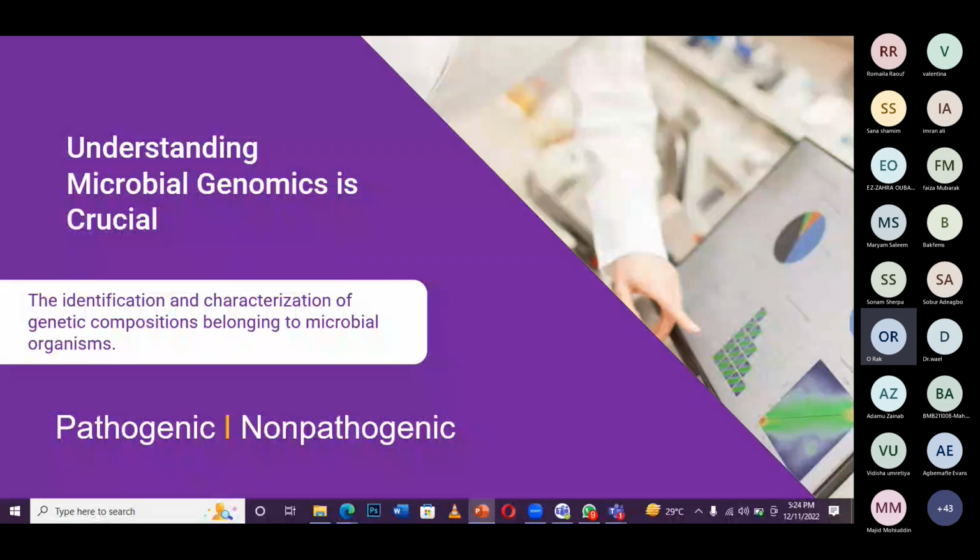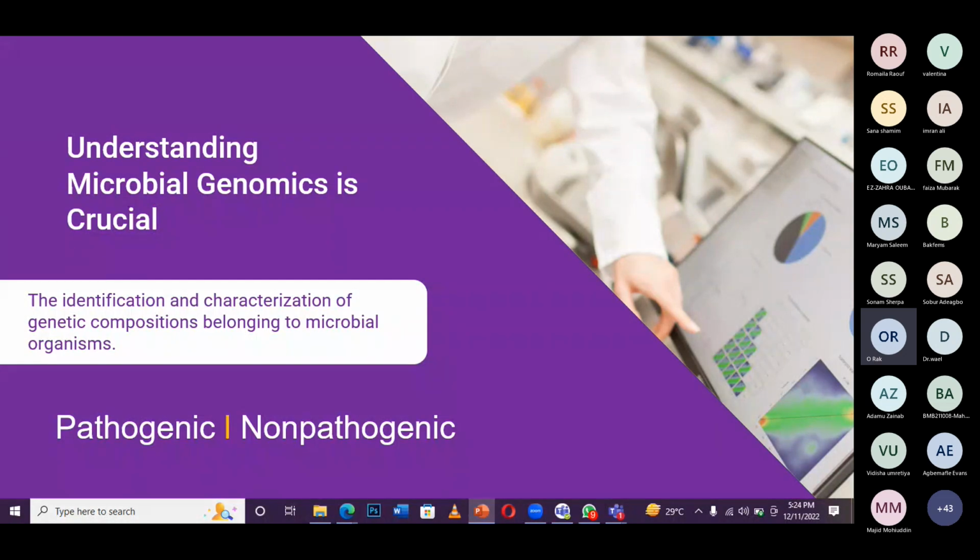If it is pathogenic, it means it is harmful. For instance, viruses are really pathogenic, and there are some bacteria that are pathogenic, such that they cause harm to the host.